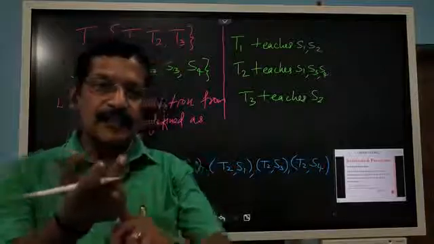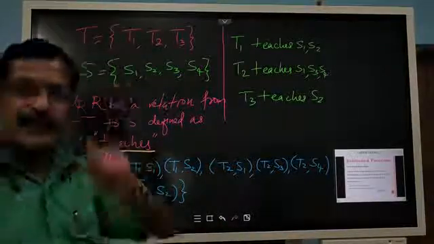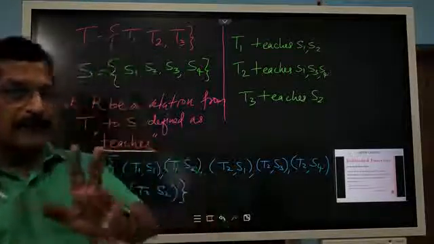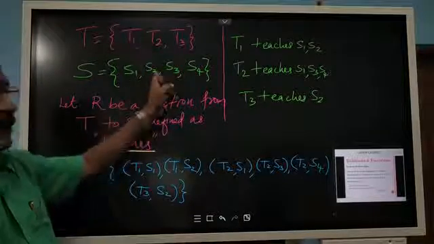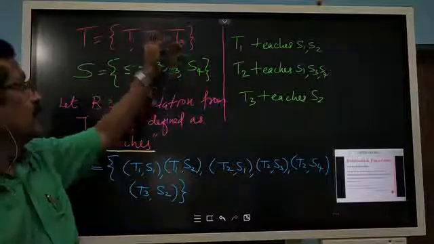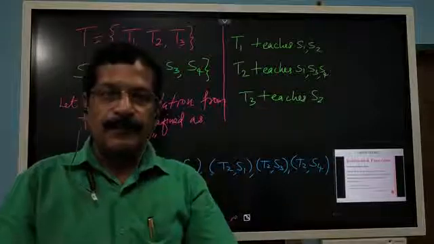Let us think about the Cartesian product of T and S, T cross S. The Cartesian product T cross S will be, as everybody knows, the ordered pairs (T1, S1), (T1, S2), (T1, S3), (T1, S4), and in the same way for T2 and T3. So we are getting a collection of ordered pairs.